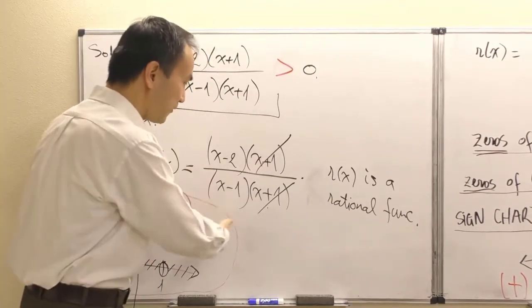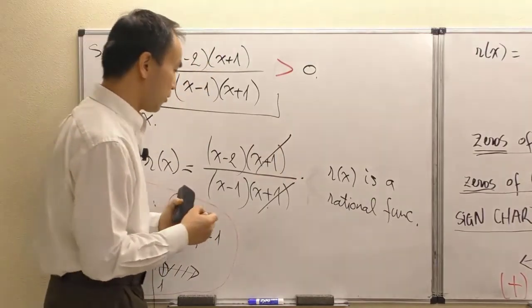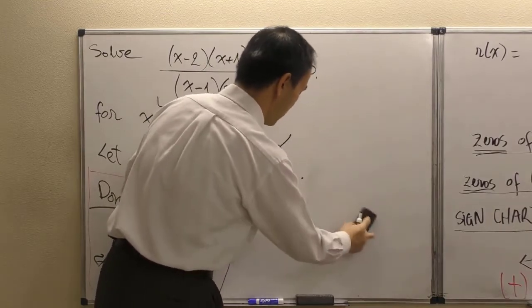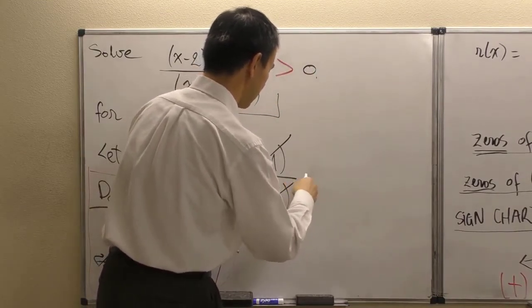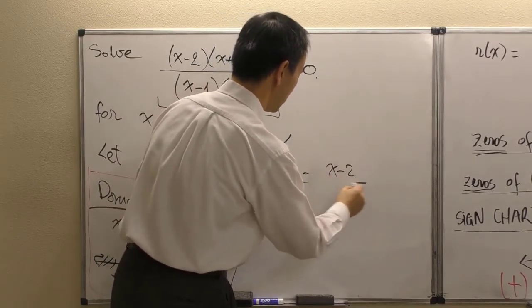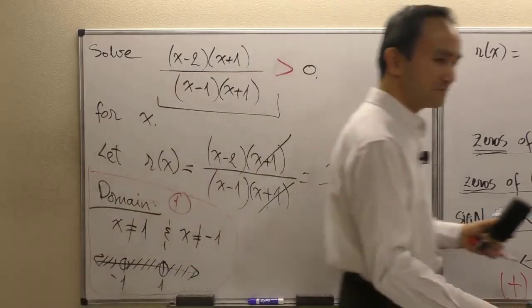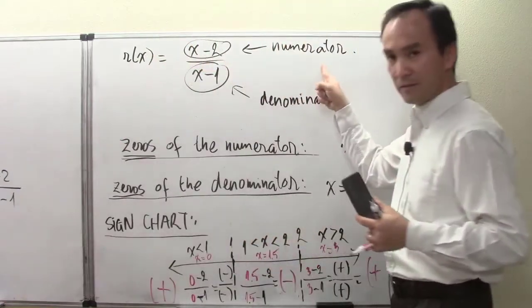We're going to simplify. That's why I'm still having the simplified symbol here, and that comes out for us. And so now, yes, we know it's a rational function. Allow me to write down: we simplified it down to x minus 2 over x minus 1, and that's the reason why this work is still here.